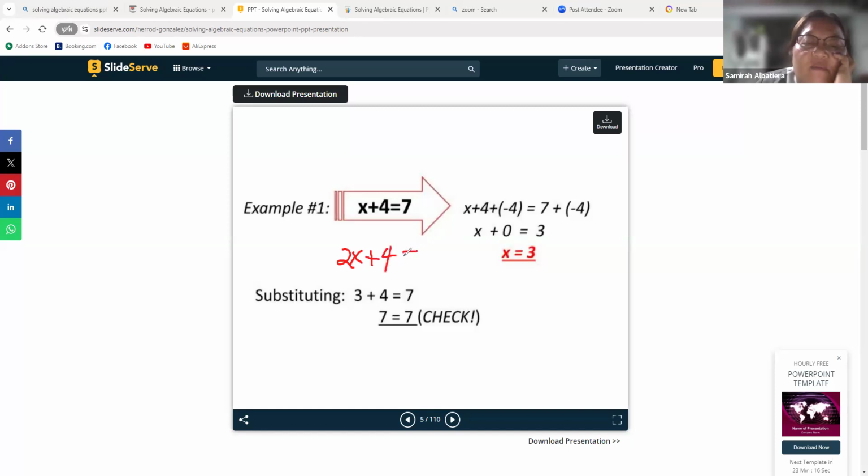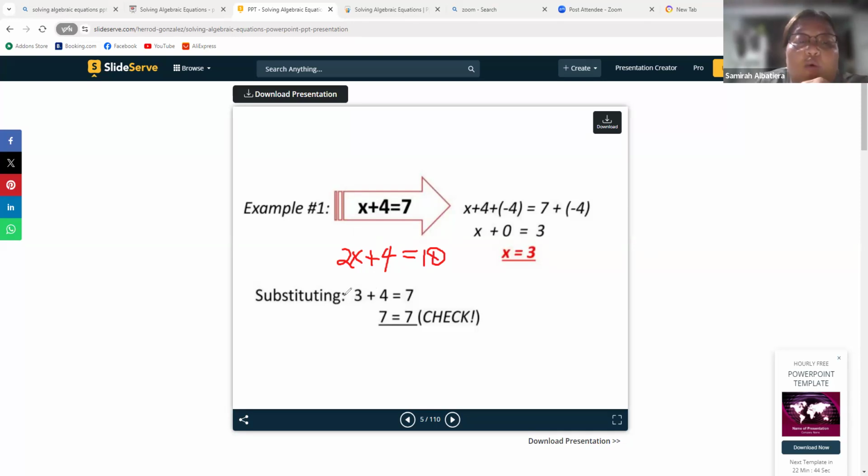And the total number of guavas is actually 10. So how many guavas should be given to Mark? Since the total number is 10 and 4 of which were already given to Noel, what do you think? We should first know the value of x, so that we will know how many guavas should be given.